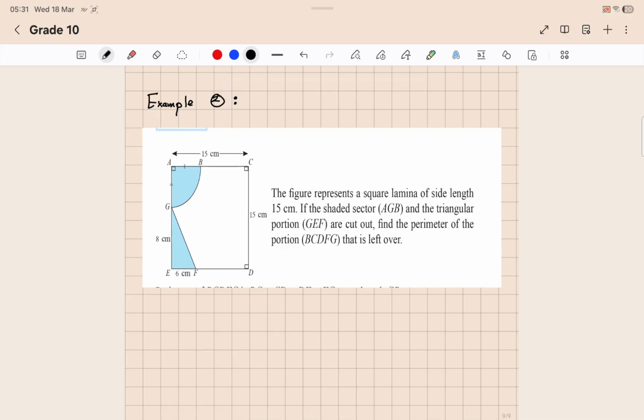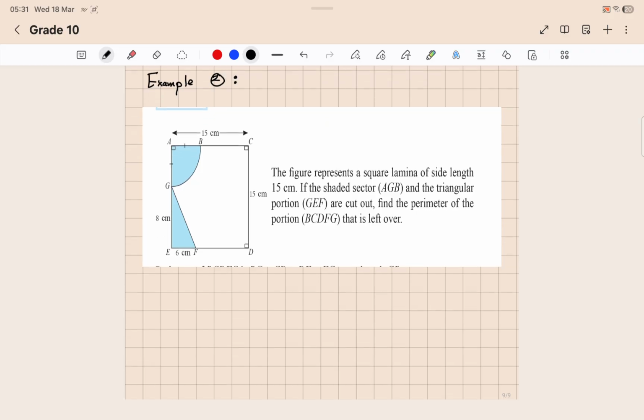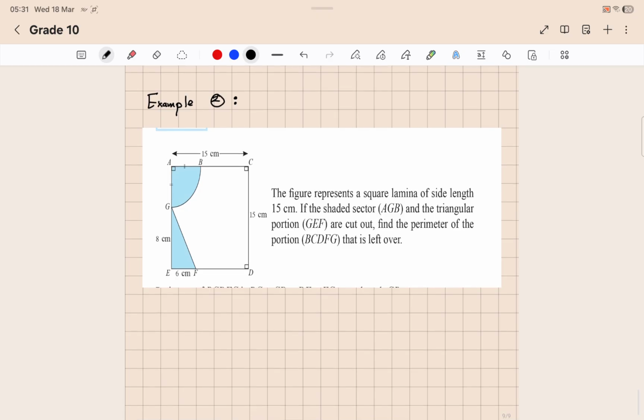Let's look at this example. The figure represents a square lamina. Square, so this is a square lamina, that is important. A square lamina of side length 15 centimeters. If the shaded sector AGB and the triangular portion GEF are cut out, find the perimeter of the portion BCDFG that is left over.